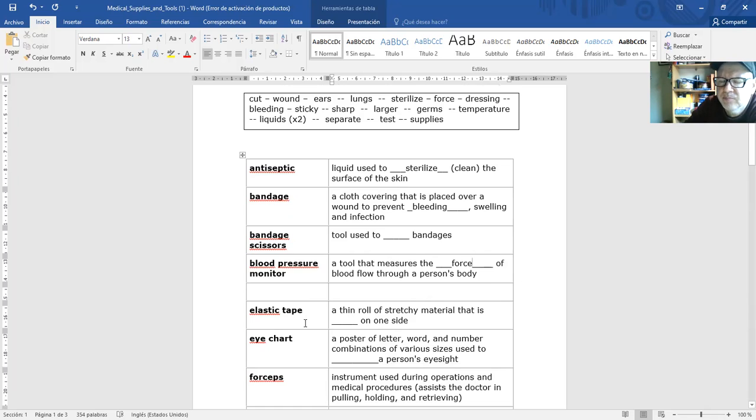Una cinta elástica, que se ocupa mucho en kinesiología y en otras cosas. Thin roll of stretchy material that is on one side. Material stretch, que es, en un lado es, no, not precisely, sticky, yeah, como adhesivo, sticky on one side.